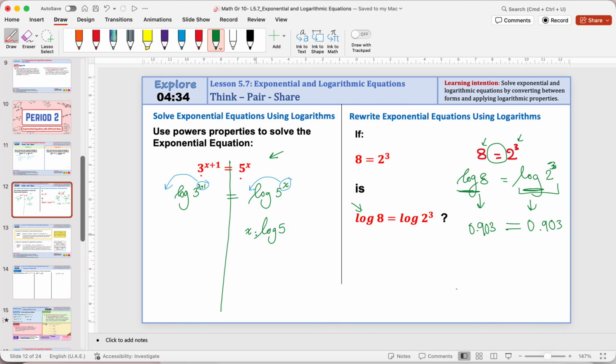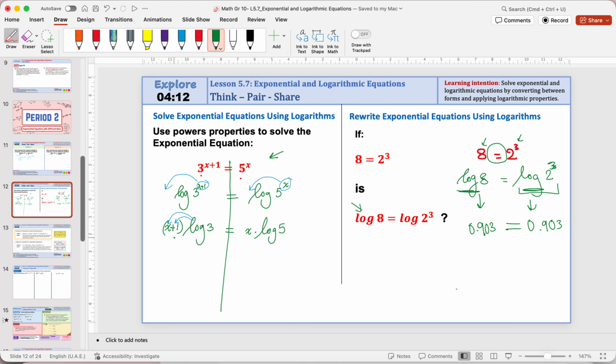It's just a multiplication relationship. And same here, x plus 1 multiplied with log 3. Please notice that I put a bracket here because I have two terms. This means that I need to multiply the log 3 with both. X will be multiplied with log 3 and 1 will be multiplied with log 3. So how can I do that?